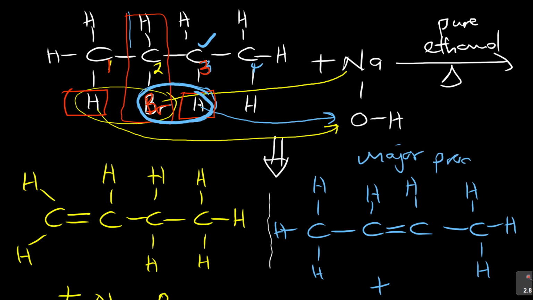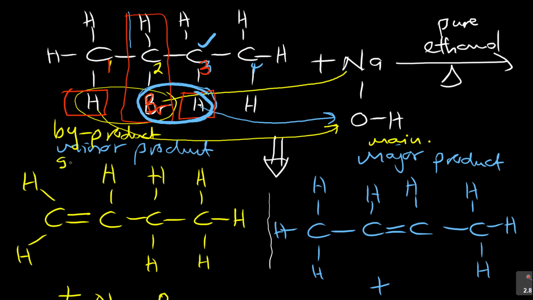I told you another word for major is called what? Main product. They can use the word main product. Major can be the word main. And then the other one, this one is a minor product. Now another word for minor product, they can use the word what? Byproduct. It's a byproduct.